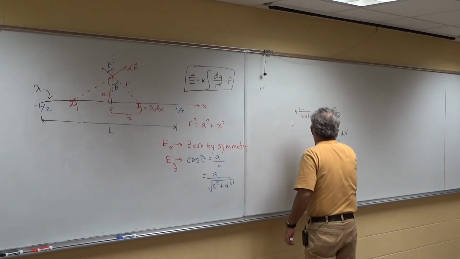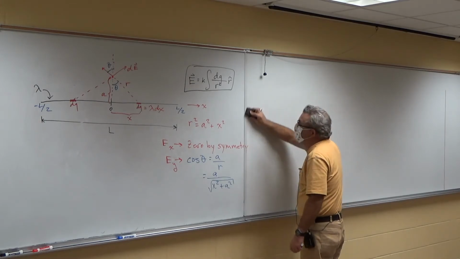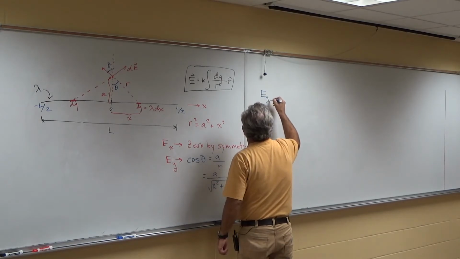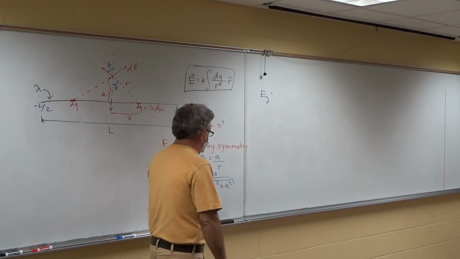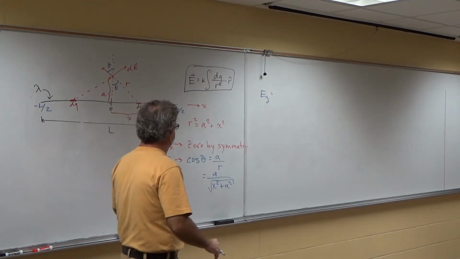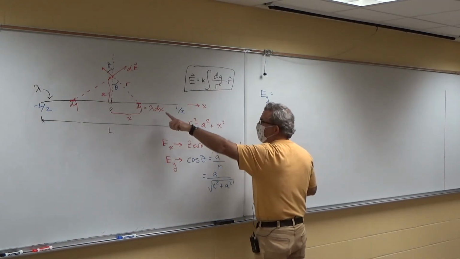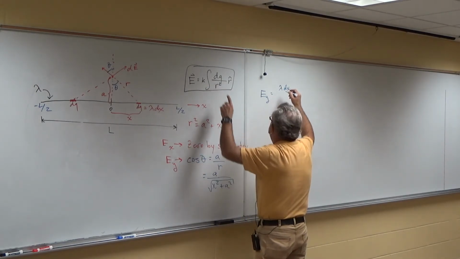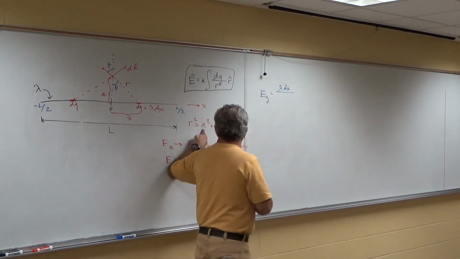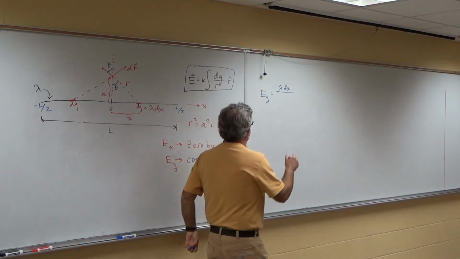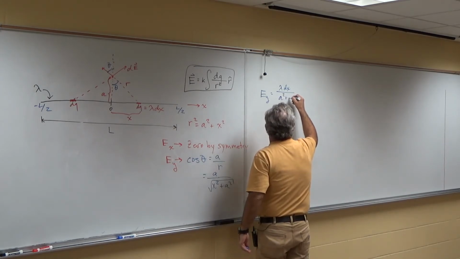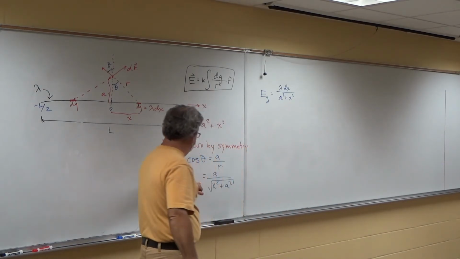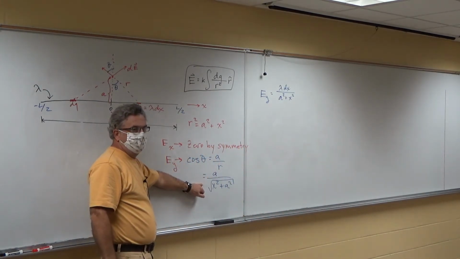Let me write down this integral. So EY, okay, got rid of EX, EY is equal to dq. Well, dq is lambda dx divided by R squared. R squared is A squared plus x squared. But we also need that component of the vector in the y direction.